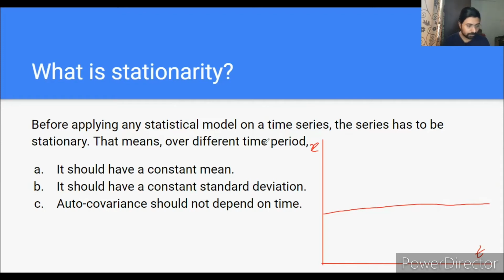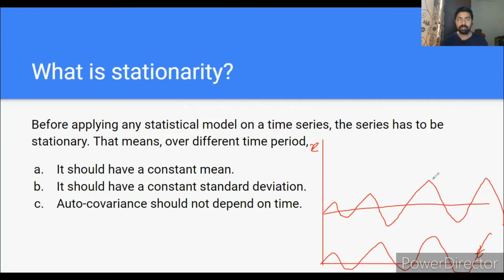All the data points can be like this, or it can be at 0 as well. Then your mean is constant, which means you are removing your trend component. And you remove your error or irregular data because that's not contributing anywhere, you cannot predict it. So let's keep it out of the calculation.